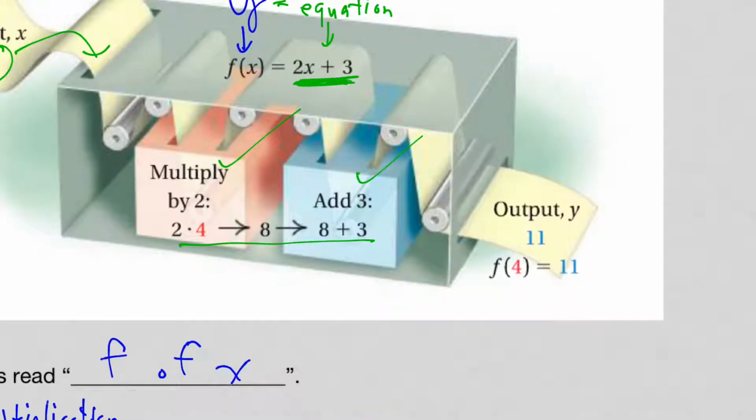So the end result looks like this. This is saying, if we take the function f, we input 4, we're going to get 11.